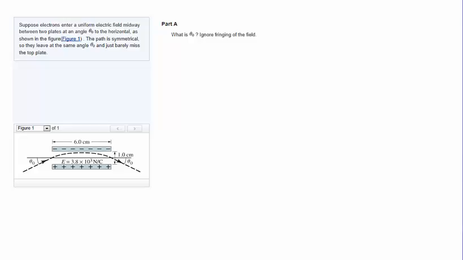The only difference between this problem and problems we dealt with back in Chapter 3, known as projectile motion, is that the source of the force, and thereby the constant acceleration, is now electrical rather than gravitational. As far as electrical forces are concerned, the total force one receives is equal to the charge of the particle in question times the strength of the field in which you find yourself.